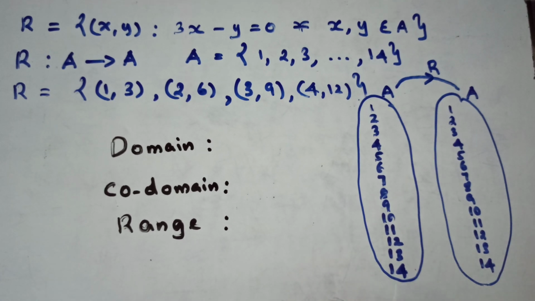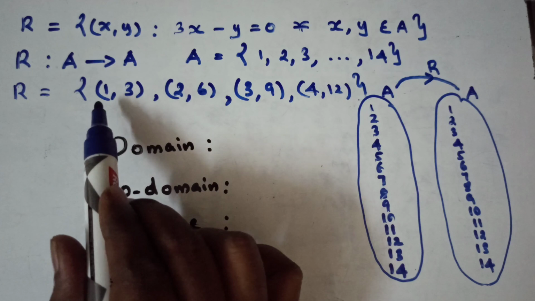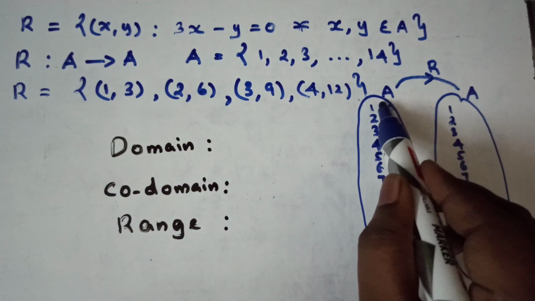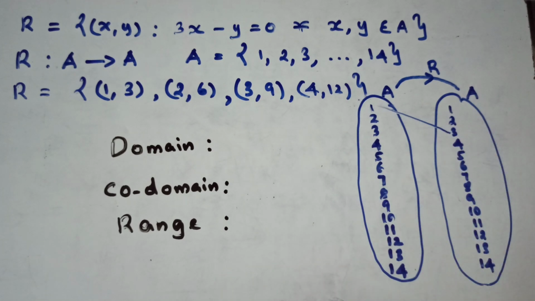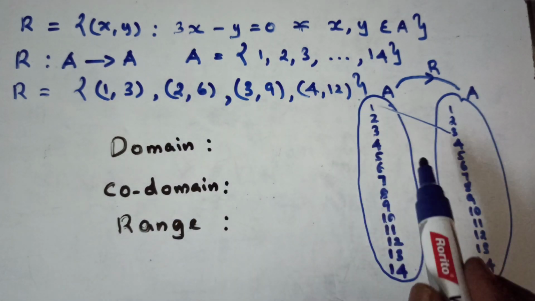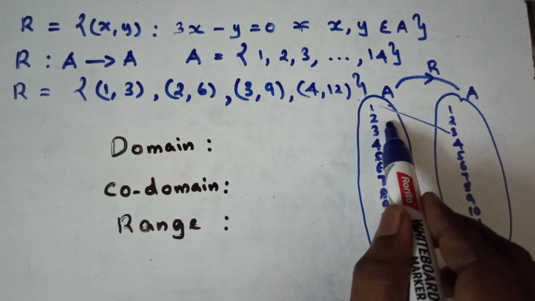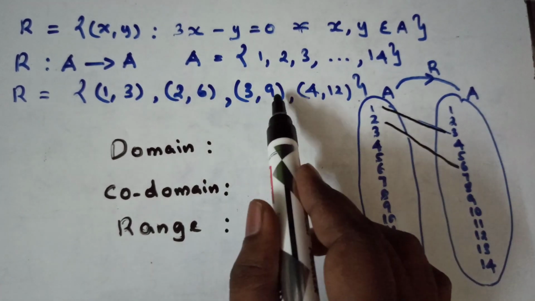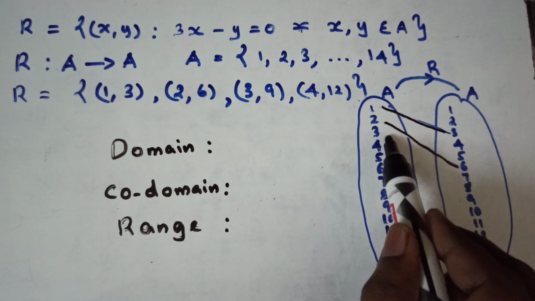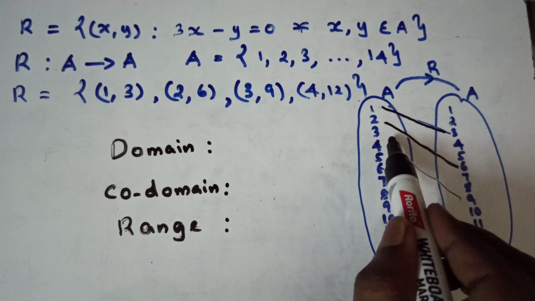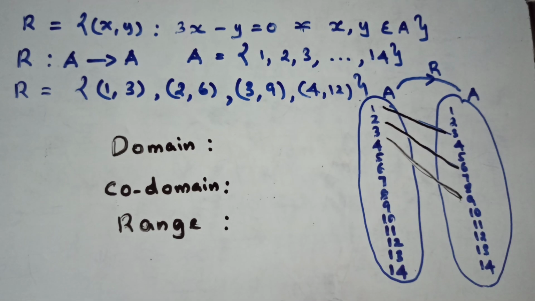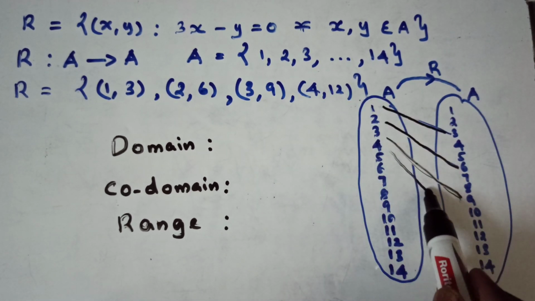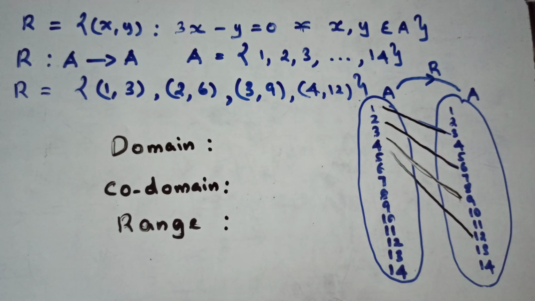Now 1, 3 means 1 is mapped to 3. Next 2, 6 means 2 is mapped to 6. 3, 9, 3 is mapped to 9. Next 4, 12, 4 is mapped to 12.